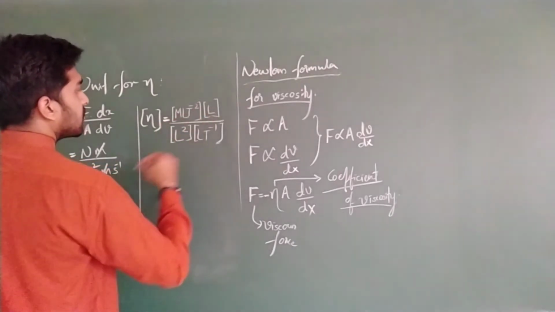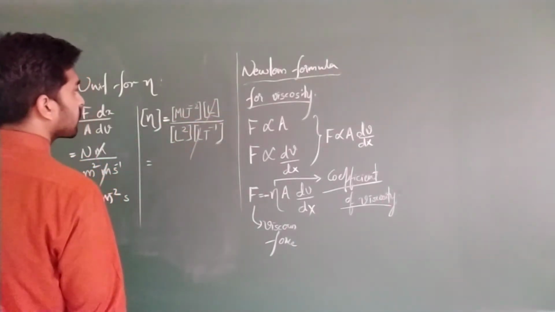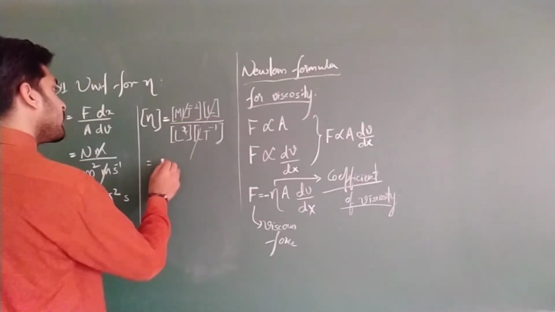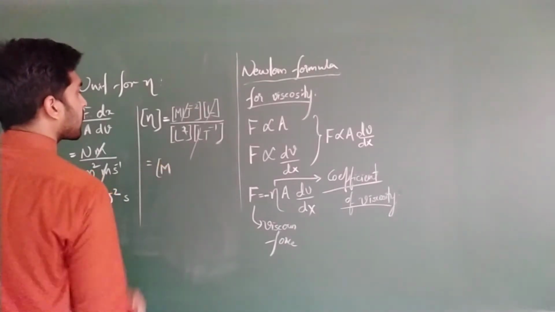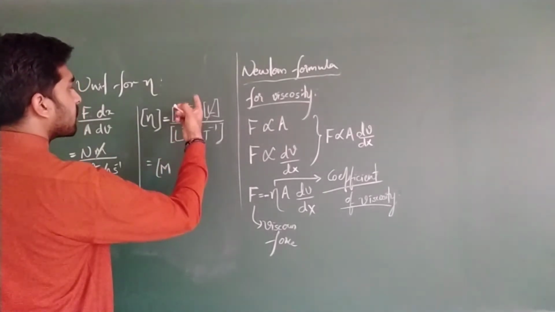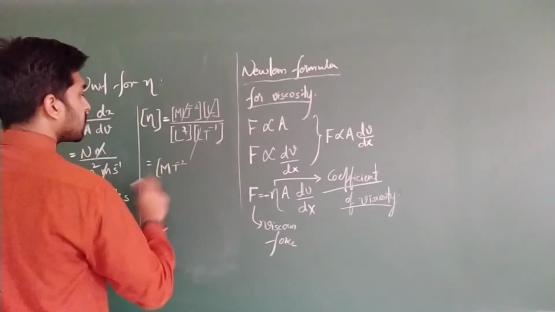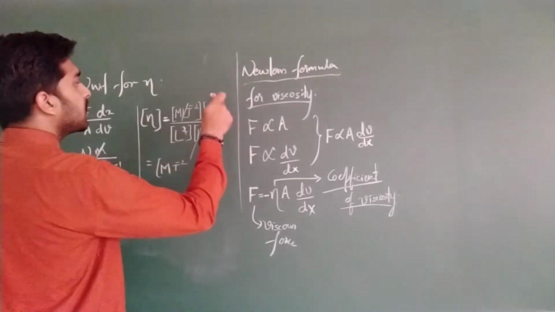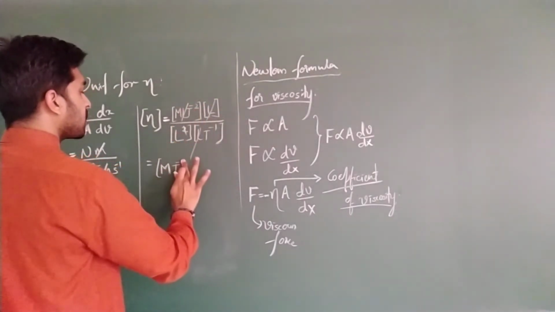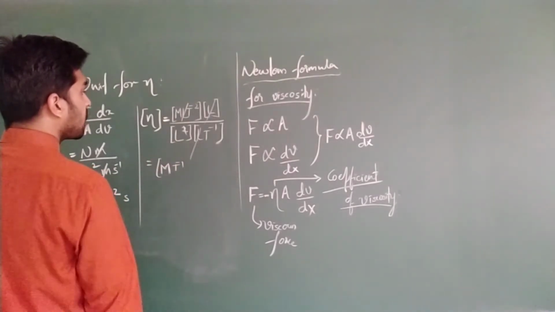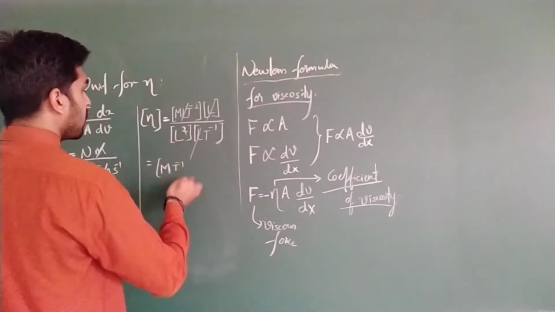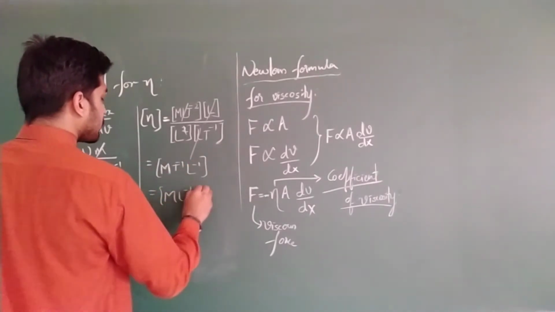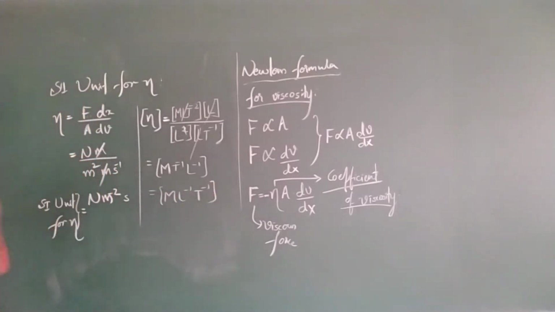So first of all, one L will get cancelled. What is remaining? M. Next, T power minus 2. This T power minus 1, if it comes to the numerator, becomes T power plus 1. T power plus 1 with T power minus 2 gives T power minus 1. Then L power minus 1, T power minus 1.